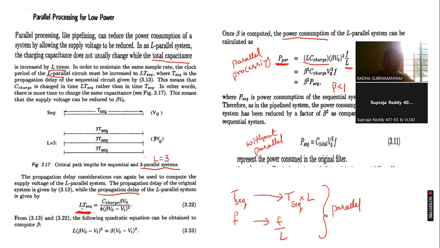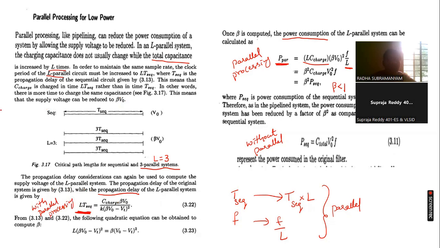On the left side, the propagation delay time will also get multiplied with L. This is with parallel processing, the propagation delay.